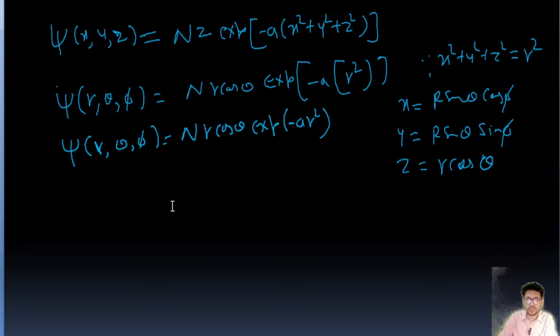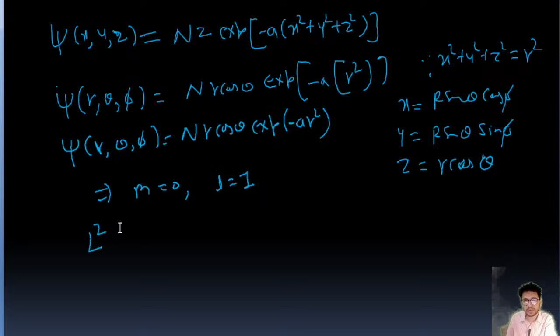Okay, so from here this implies the value of m equal to 0 and the value of L equal to 1. Now we can easily find the eigenvalue of L square.